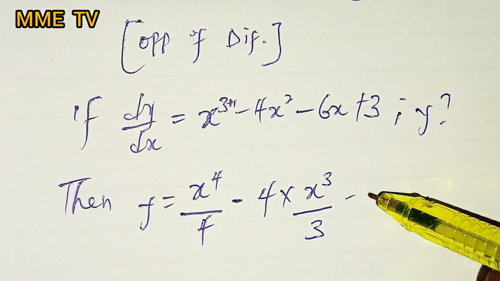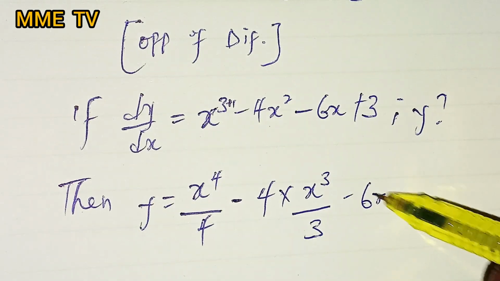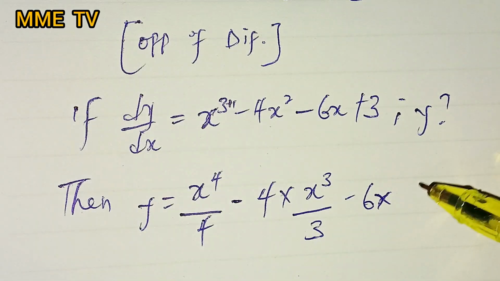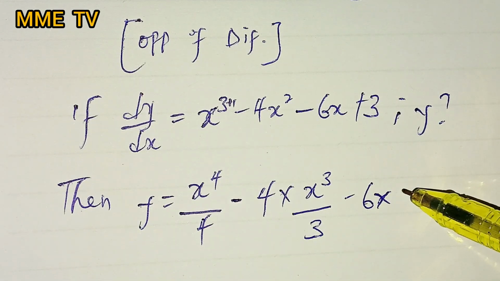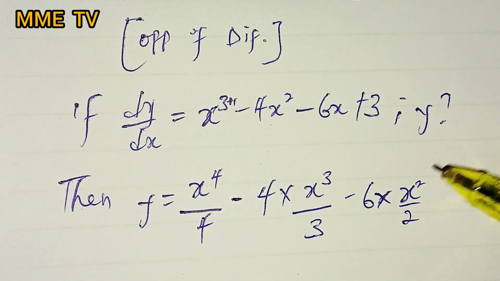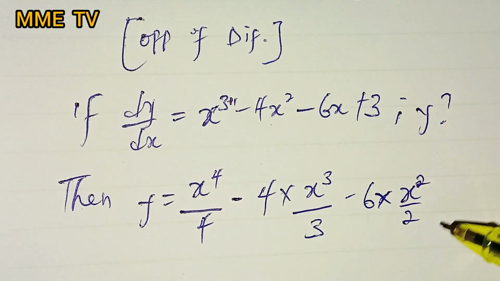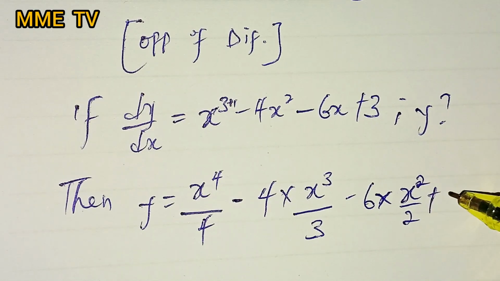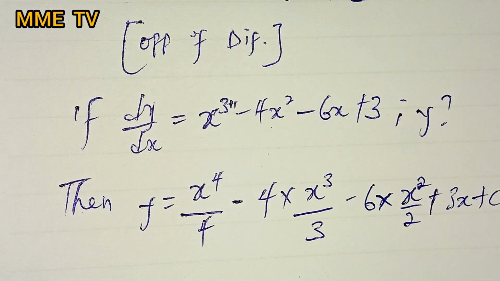Again, minus 6 multiplied by x raised to power of 2 over 2, plus 3x plus our constant c.